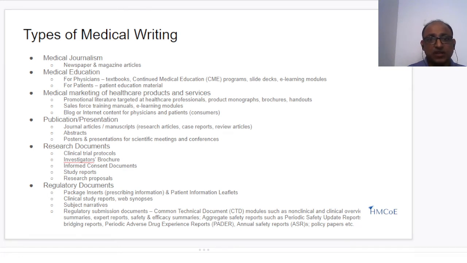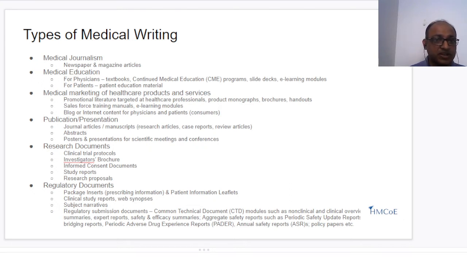Now comes the types of medical writing. You can see here that you will require medical journalism documents. You will require some writing for medical education, which includes physicians and patients. There are different subtypes within this kind of medical education writing.